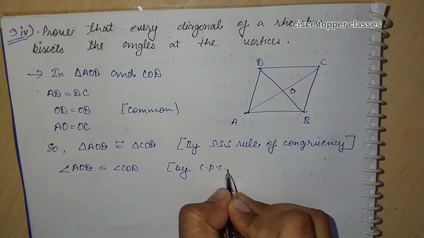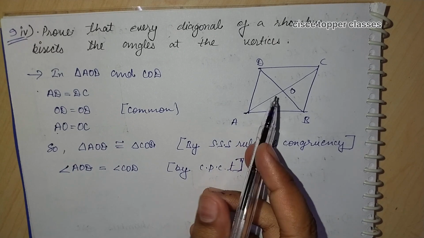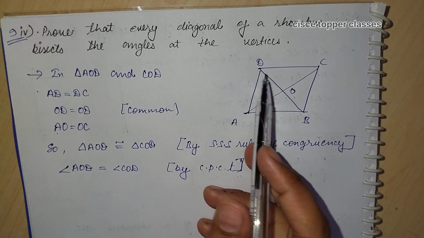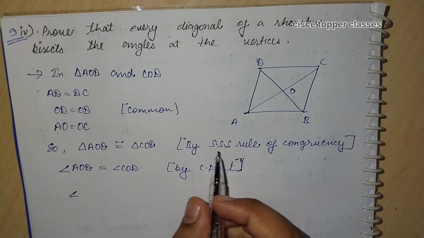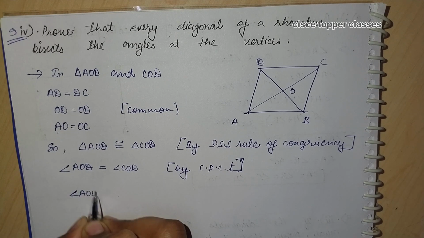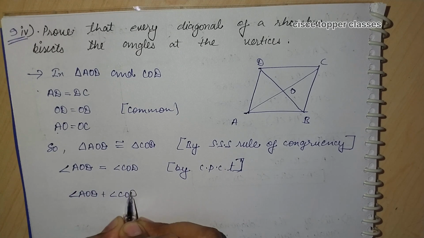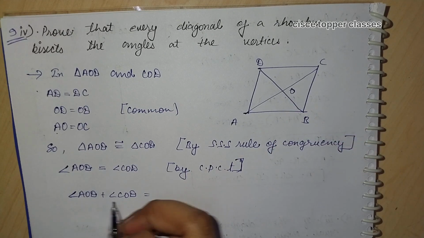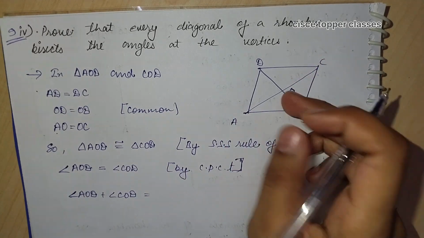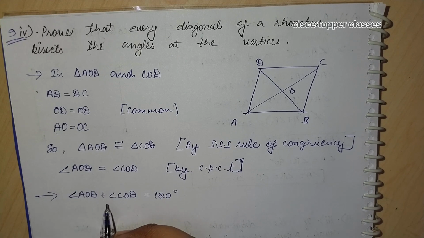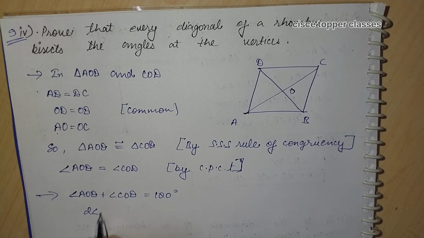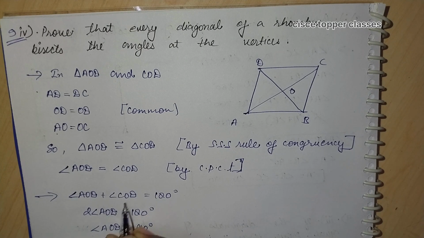We can write that angle AOD plus angle COD is equal to 180 degrees, because this is a linear pair. And as these two are equal, this will be 2 angle AOD, and we get angle AOD as 90 degrees and angle COD is also 90 degrees.